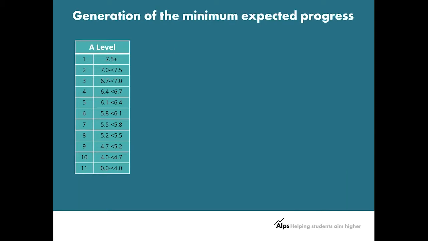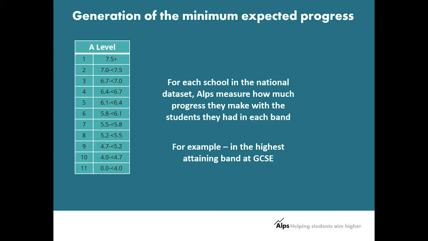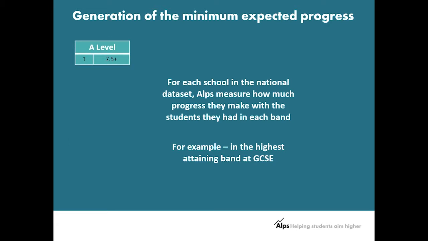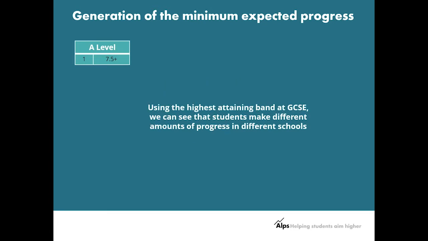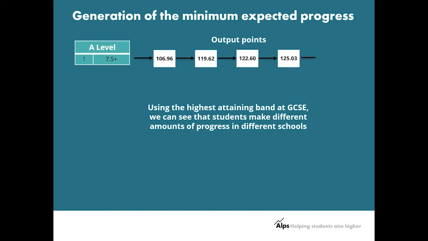So we're going to look at A-level now, and we're going to look at this top band, and at how much progress is being made across the national data set for students in that top band. There it is, 7.5 plus, and we're going to look at what output points various schools across the national data set got.